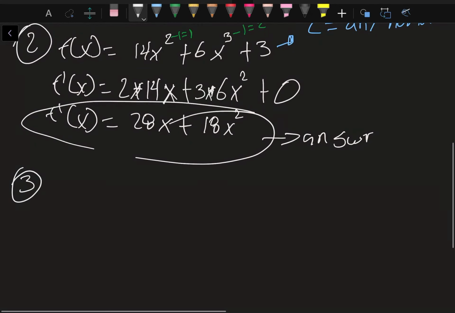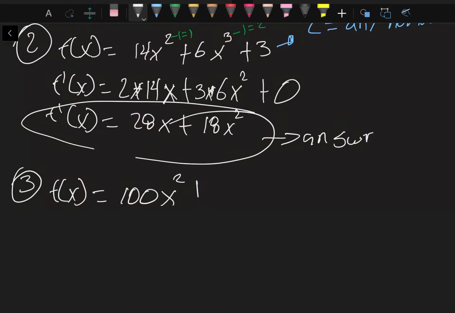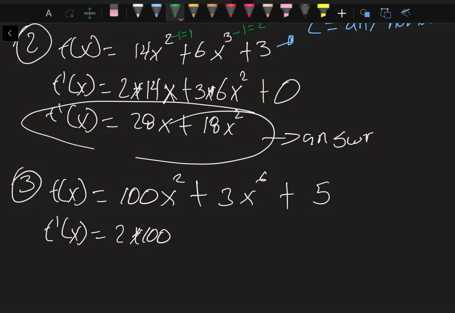Okay, so let's do one more example. f of x equals 100x squared plus 3x raised to the 6 plus 5. So f of x prime is equal to, we first multiply the exponent times the coefficient, then we decrease the exponent by 1, which is equal to 1.